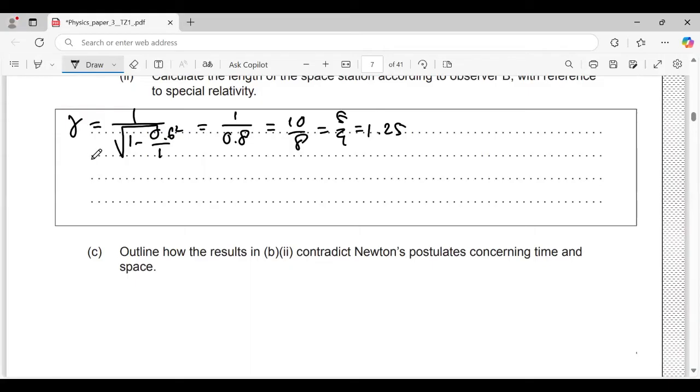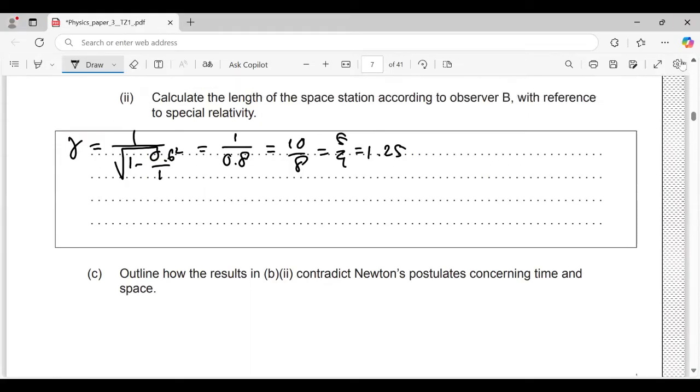Now we're going to find the length of the space station. The formula is L equals L0 over gamma, where L0 is the proper length of the space station.